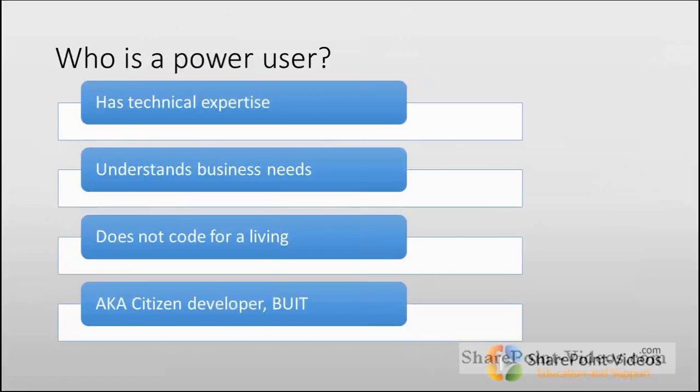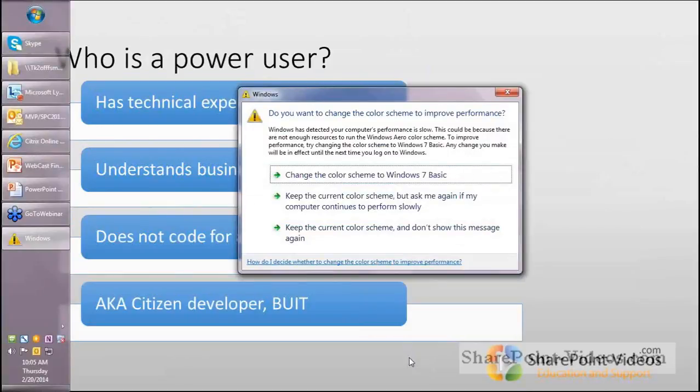So the first thing I wanted to say was, first of all, who is a power user and how do we think of a power user, and hopefully you think the same way. Here are the four most important points. A power user is a user with technical expertise of one kind or another.